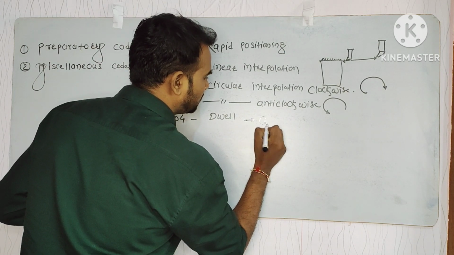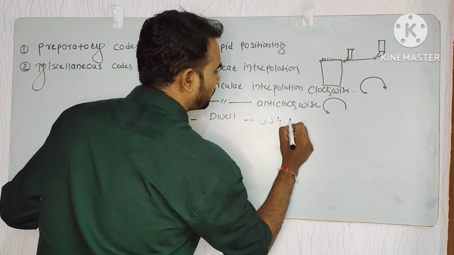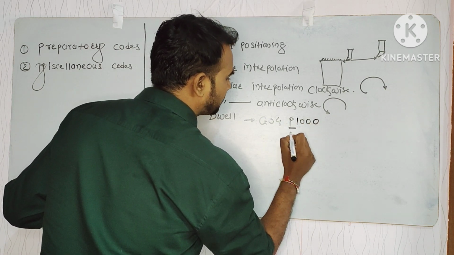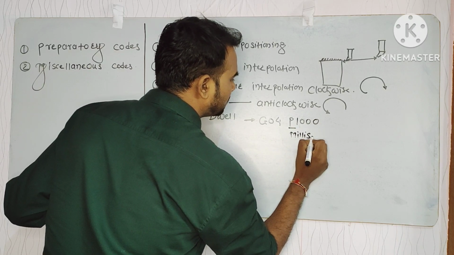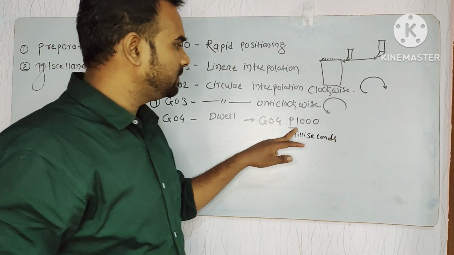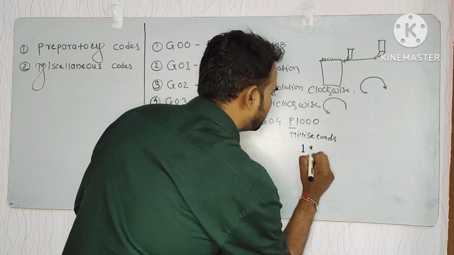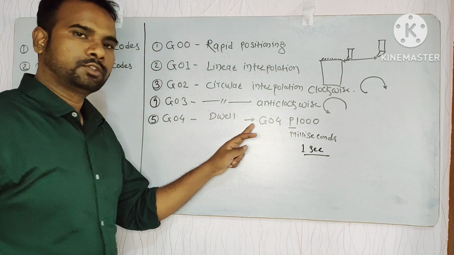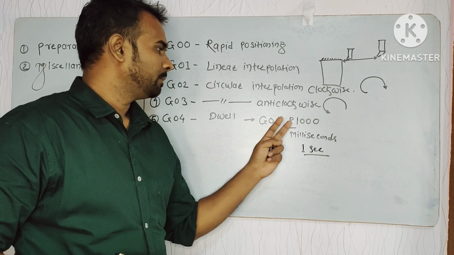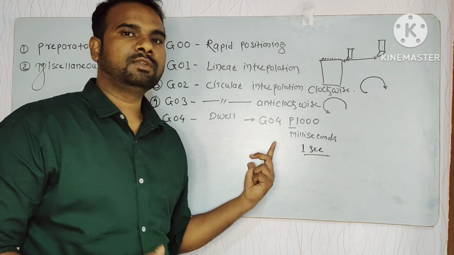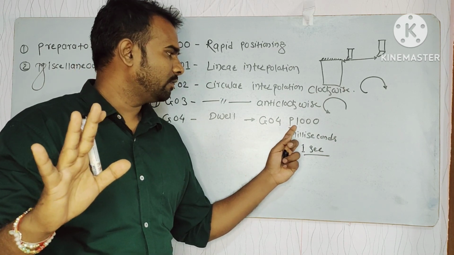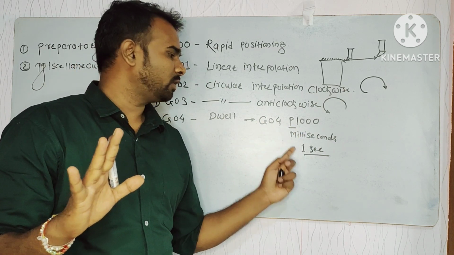This is an example: G04 P1000. This P means milliseconds, and 1000 milliseconds means 1 second. If you input G04 P1000, then the machine will take this command as pause for 1000 milliseconds, which means the machine will pause for 1 second.